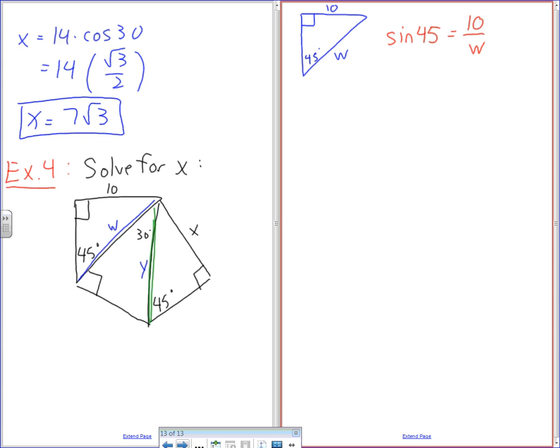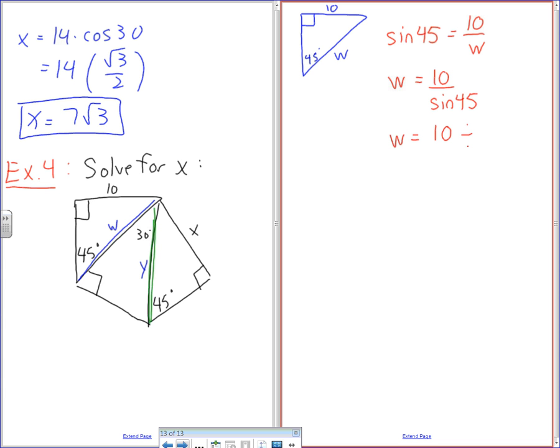Is everyone okay with where that came from before I keep moving? Yeah, that's fine. So sine 45 is 10 over W, so things are looking good here. How do I solve for W? 10 over sine 45, good. I'm going to say that W equals 10 divided by sine 45.